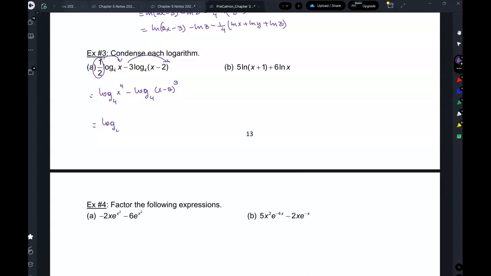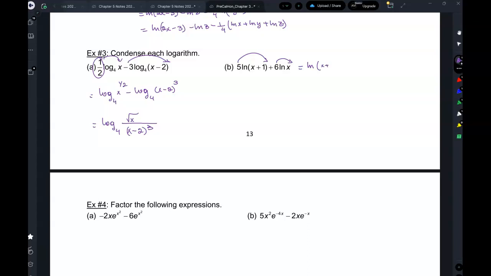Okay, so this is log base 4 of x to the half, and then since I have a minus sign, it goes in the denominator as x minus 2 cubed. Okay. It's a half, so it's root x. Okay? So whether you write x to the half or root x, that doesn't matter. Okay. Here, this goes up there, this goes up there.